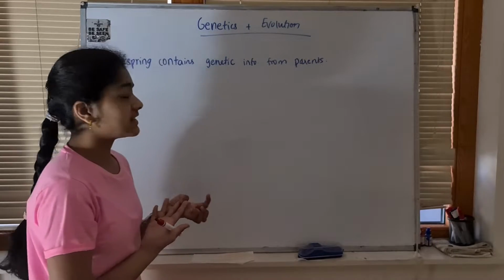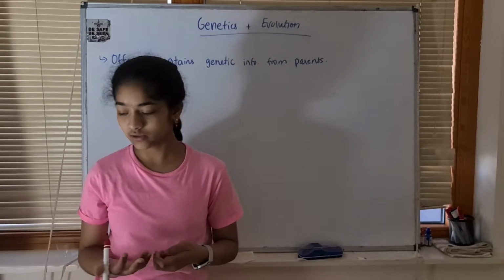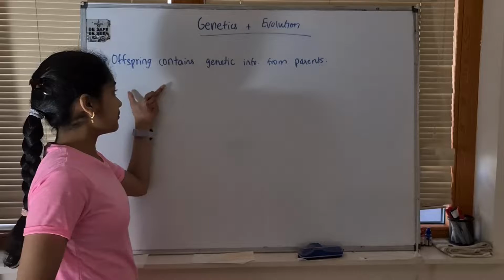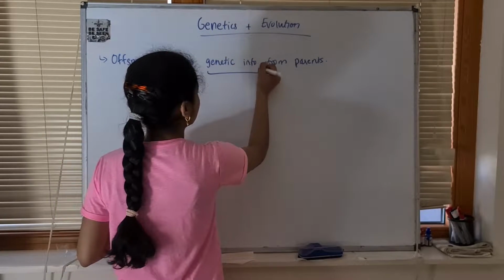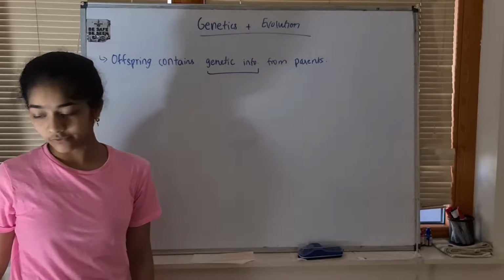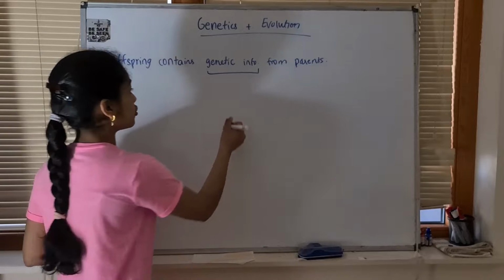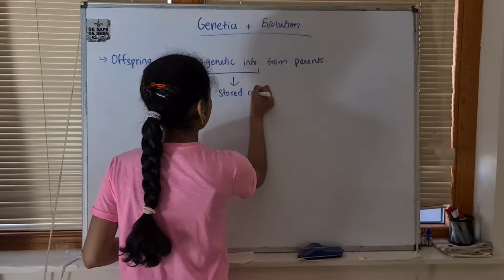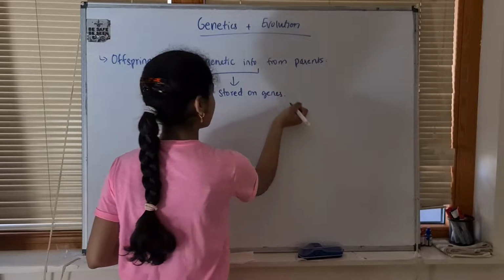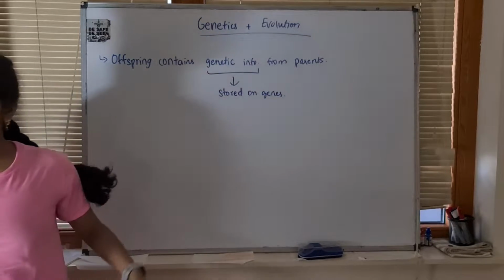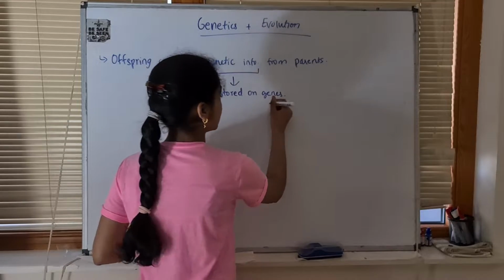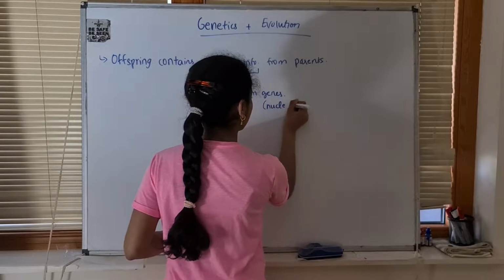The offspring contains genetic information from their parents. This genetic information is contained in the form of genes, so it's stored on genes. And these genes are present on chromosomes, which are in the nucleus.